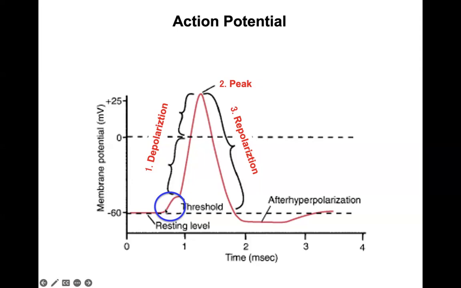Or on the skin, it can be a mechanically gated sodium channel. When someone touches your skin, the stretch changes the conformation or the shape of the receptor, opening that receptor and allowing sodium to flow in. So a little bit of sodium flowing in increases the membrane potential and makes it reach the threshold. And then once it reaches the threshold, the voltage gated sodium channel can open.